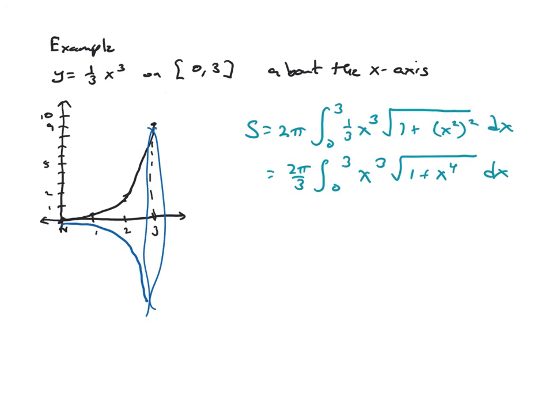And so when I set this one up, since I'm going around the x-axis, the distance from my axis of rotation to my curve is the value of the function.